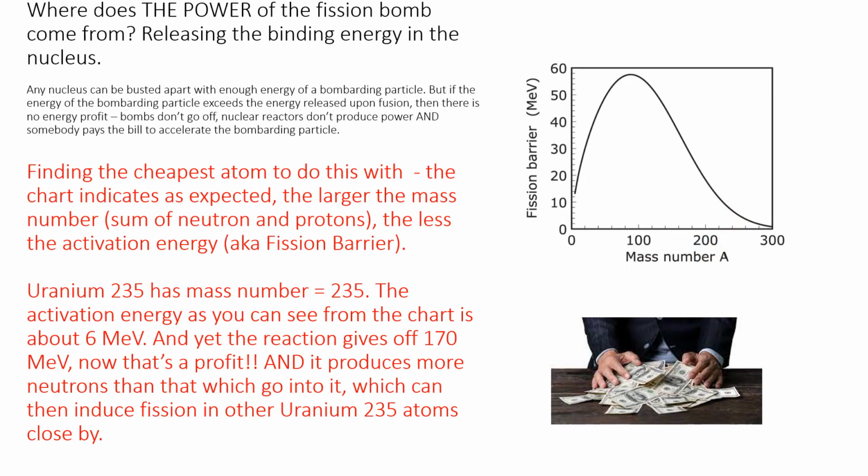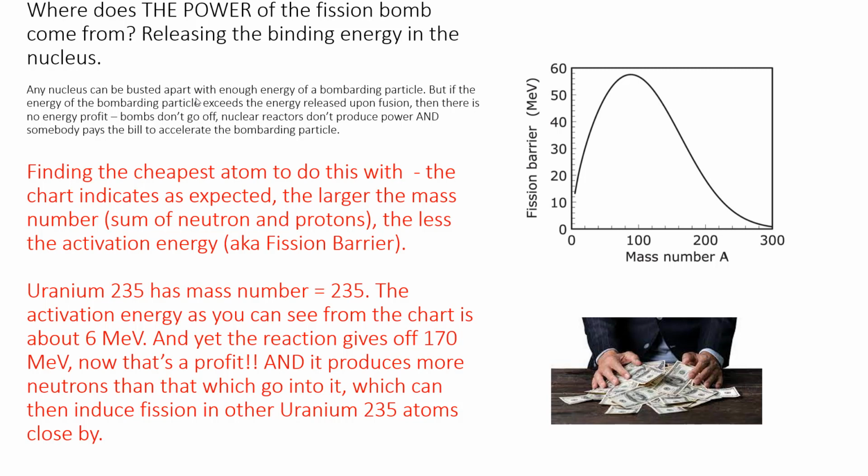So where does the power of the fission bomb come from? Releasing the binding energy in the nucleus, as I said before. Any nucleus can be busted apart with enough energy of a bombarding particle. So let's get that straight. It doesn't have to be unstable, like uranium-235.